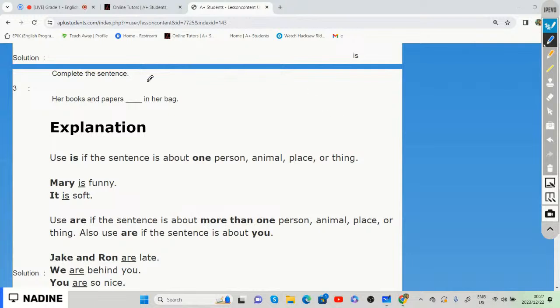So basically, we can say her books and papers are in her bag because the books and papers refers to more than one book, more than one paper. So her books and papers are in her bag.